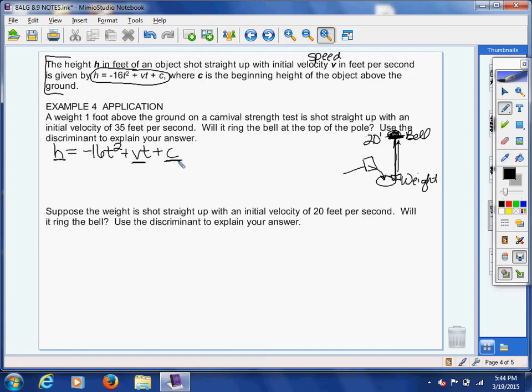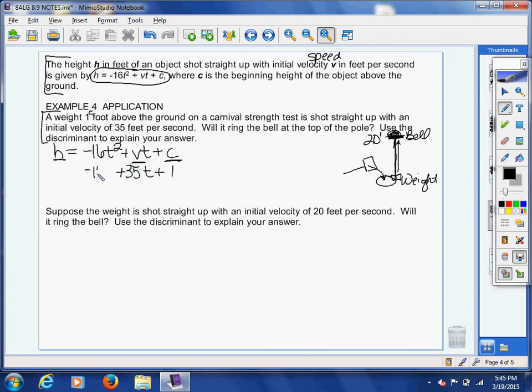So a weight, in this one, it says a weight 1 foot above the ground. So there's your c right there. It's a foot above the ground. On a carnival strength test, it's shot straight up with an initial velocity of 35 feet per second. So where v is, put 35.